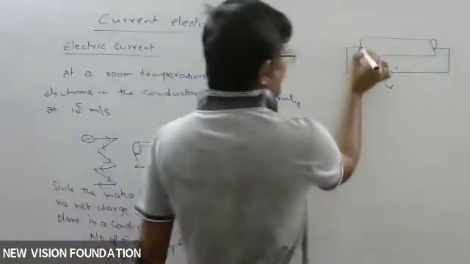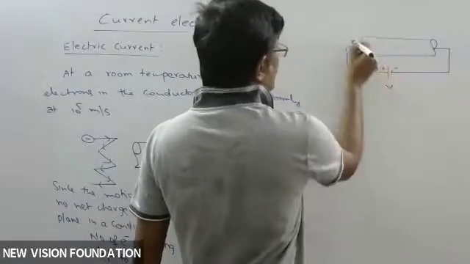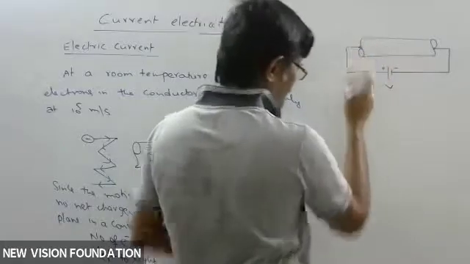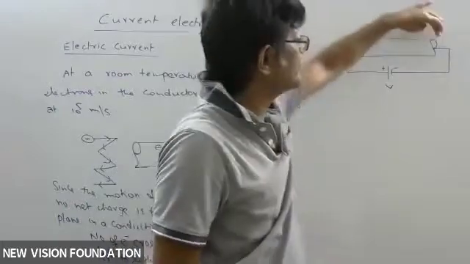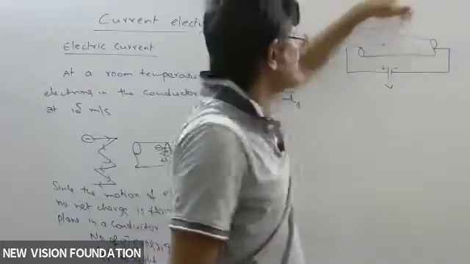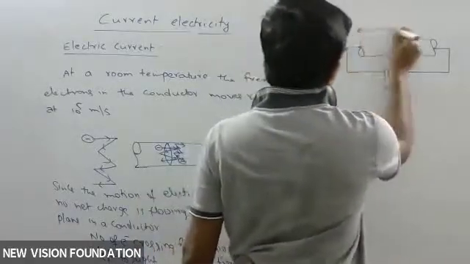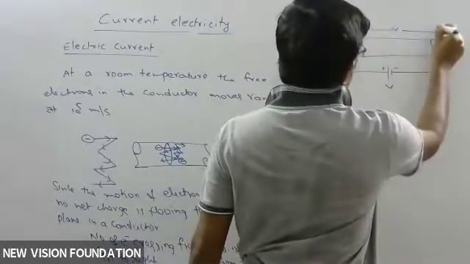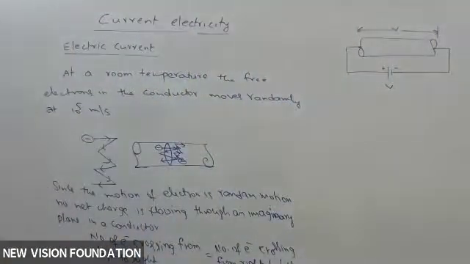This end is connected to the positive terminal. Therefore, this end of the conductor is at positive potential and this end of the conductor is at negative potential. Therefore, there is some potential difference across the ends of the conductor, which is equal to the potential difference across the terminals of the battery.